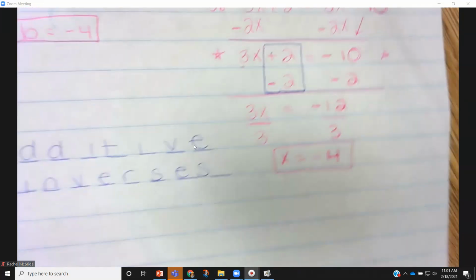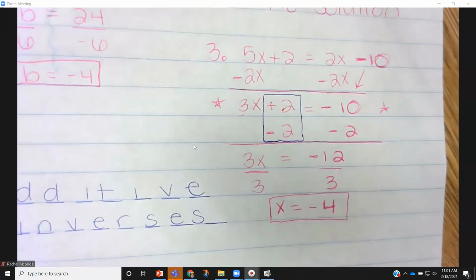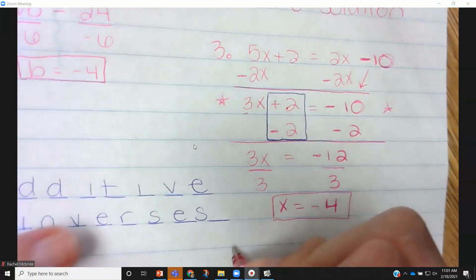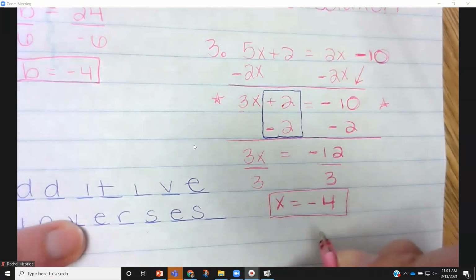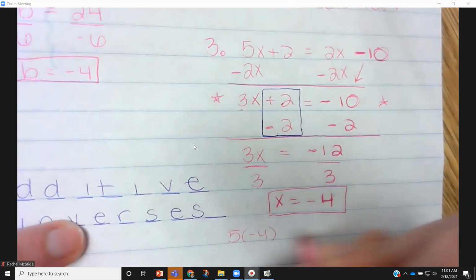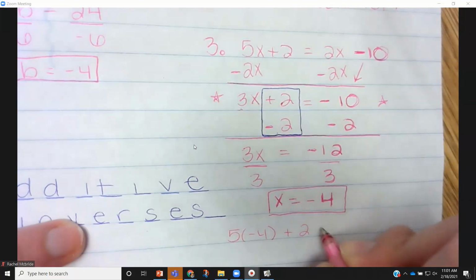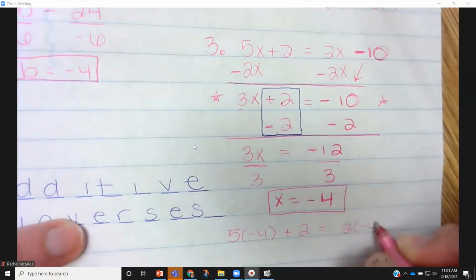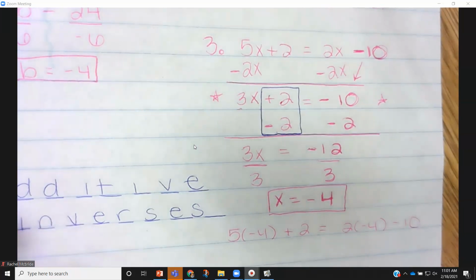Any idea on what my check step would look like if I wanted to check these? What do you think, Madison? Good? Excellent.